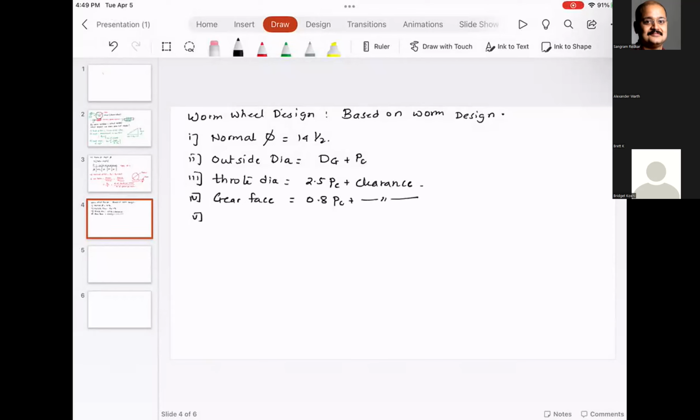Then you are going to have gear rim, which is 2.2 times PC plus 14.